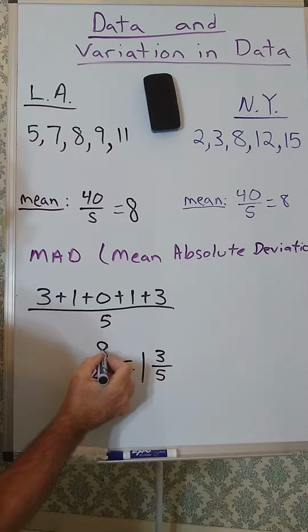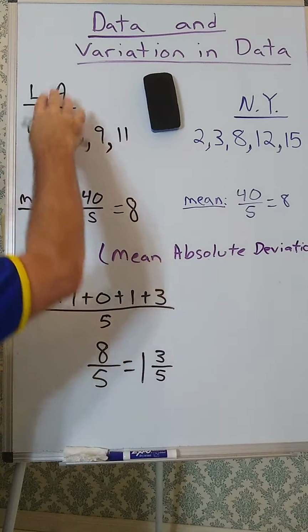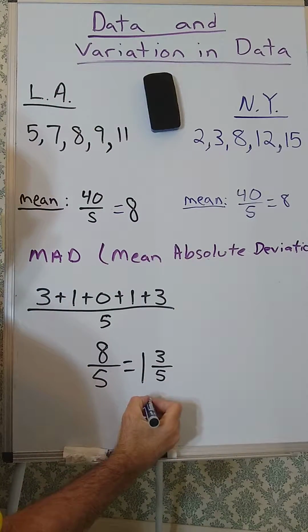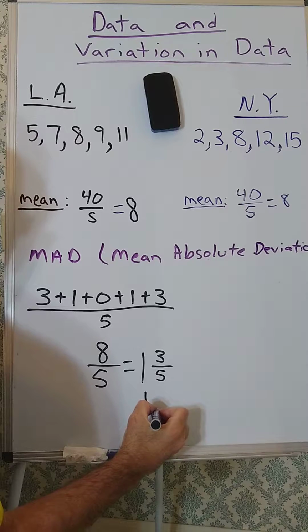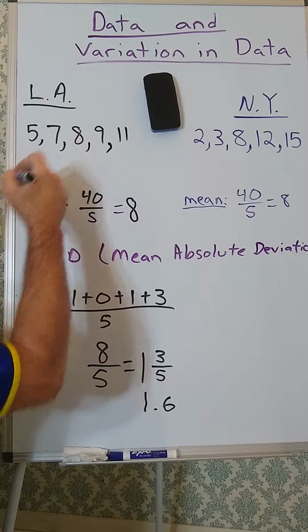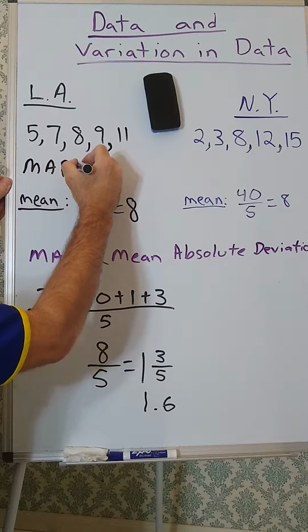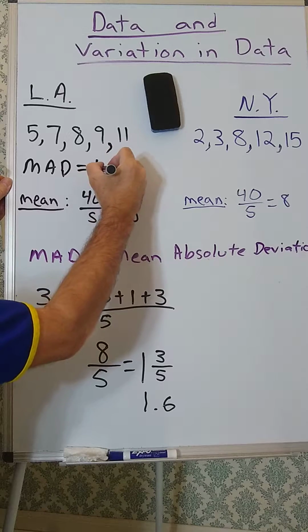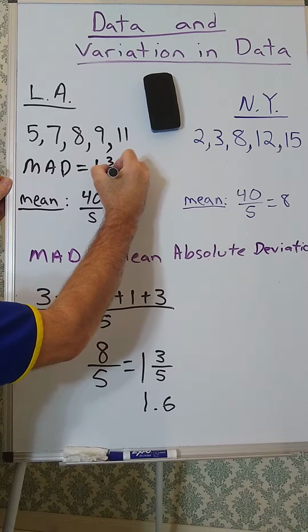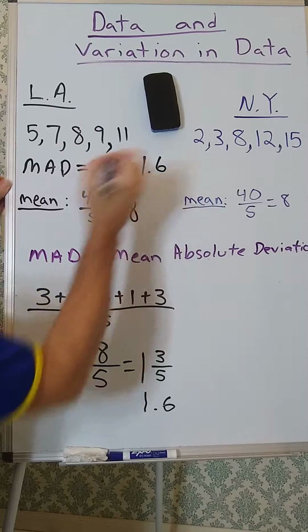So the mean absolute deviation for this set is 1 3/5, or we could write that as 1 6/10. So here, the MAD is 1 3/5, or 1 6/10 as a decimal.